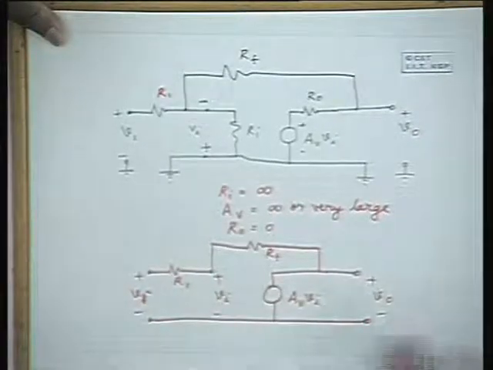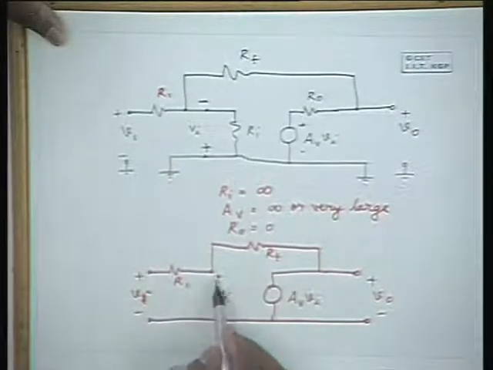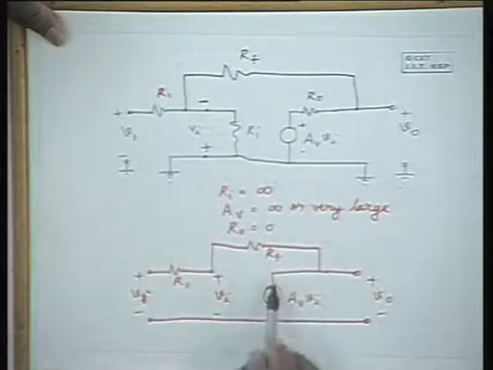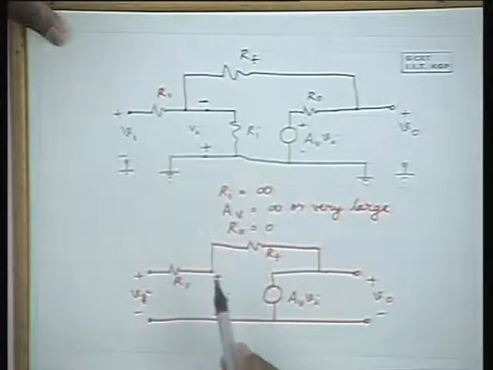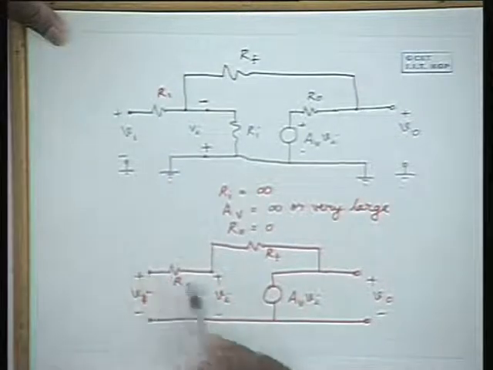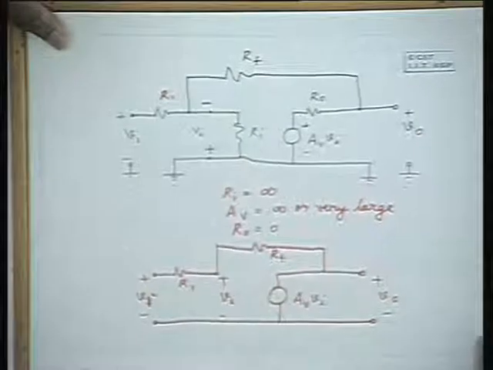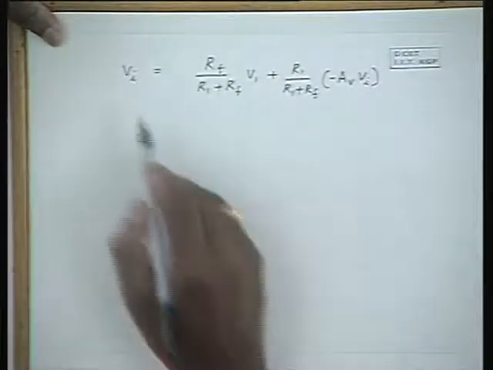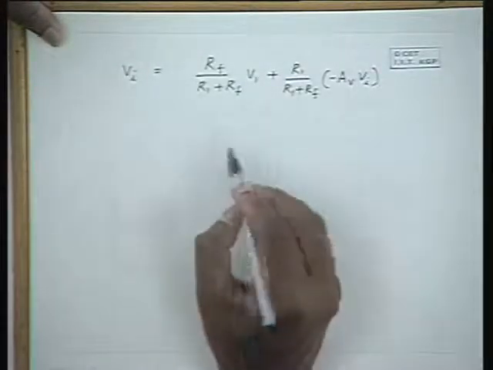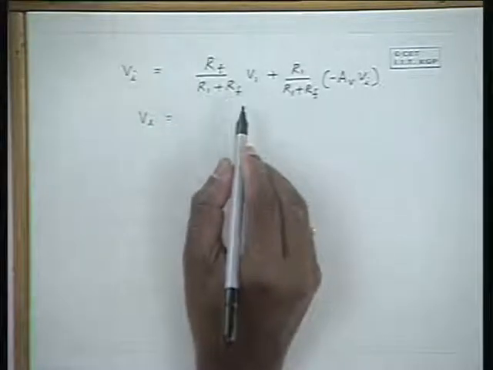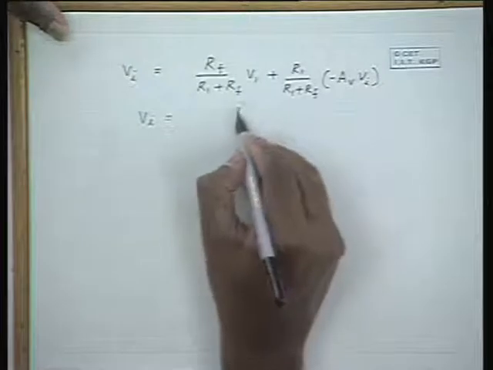What I am using now is the superposition principle, that is finding the Vi when this is present and this is shorted, and when this is present and this is shorted. So you get the input voltage like this. From this, Vi can be obtained as a function of V1 in this fashion.